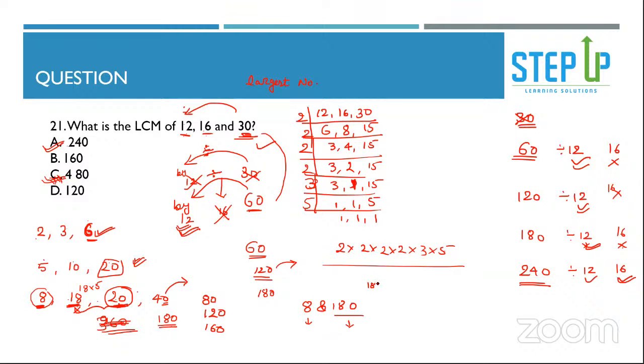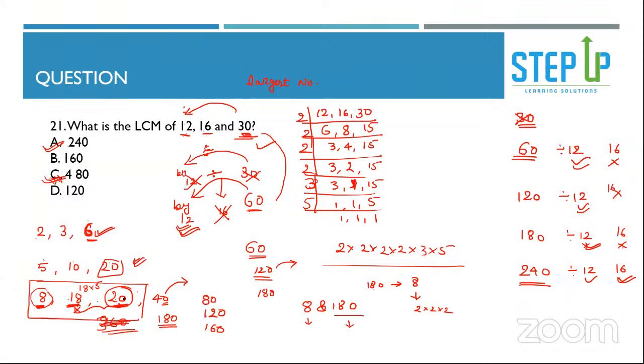There should be a shortcut for this also. This is 2 into 2 into 2. No, this will be lengthier. Fine. I'll do one thing. Tomorrow when we do the revision, I'll get back to this question again. I'll find out the shortcut for this.